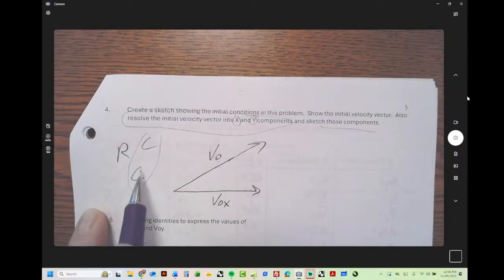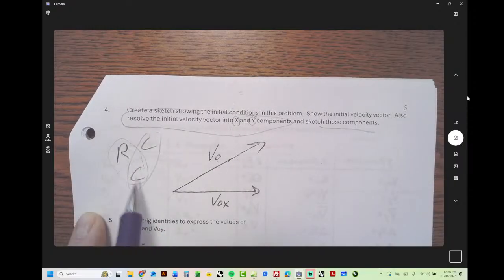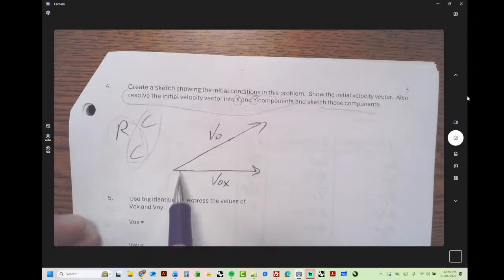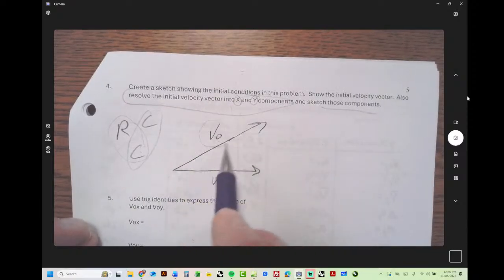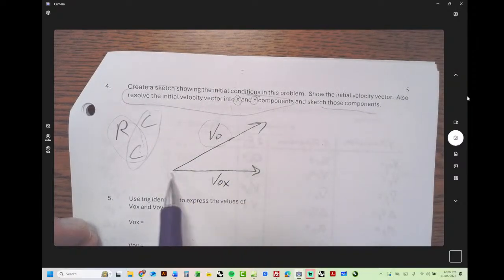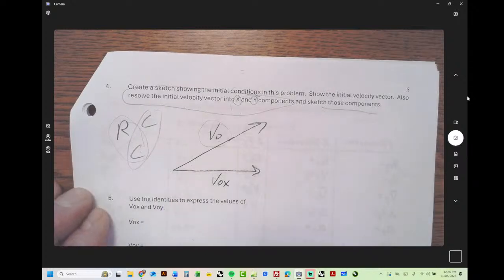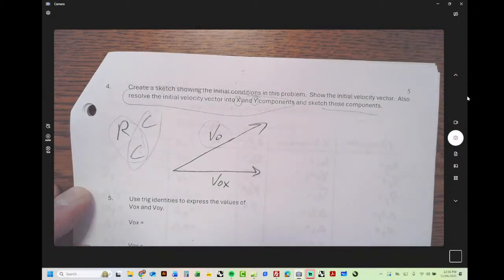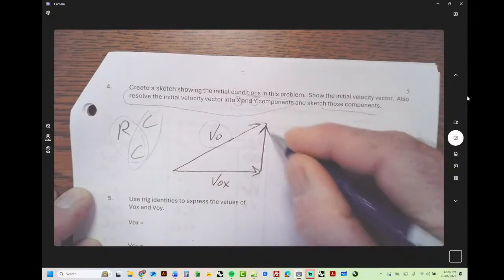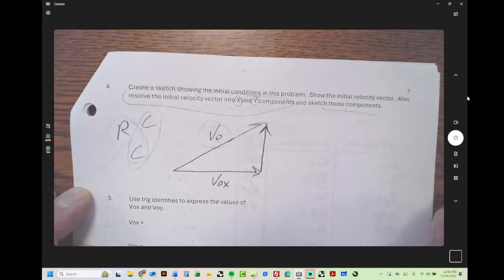These 2 can touch one another tail to tail or head to head. So this is okay, because this is the resultant and this is a component, and they can touch like that. That's fine. Can you picture the initial y velocity? Right here. So those are the ones that touch head to tail.